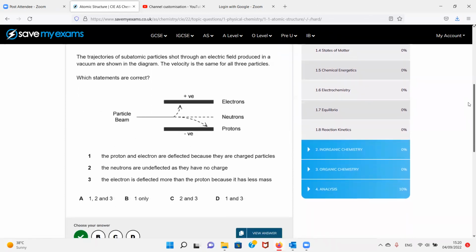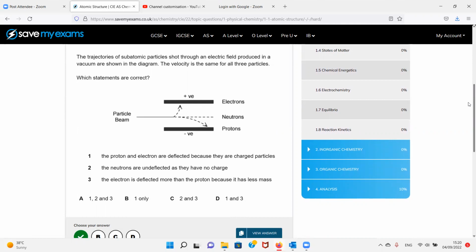This question here says the trajectories of subatomic particles shot through an electric field produced in a vacuum are shown below. The velocity is the same in the three particles. Number one, protons and electrons are deflected because they are charged particles. This is correct.